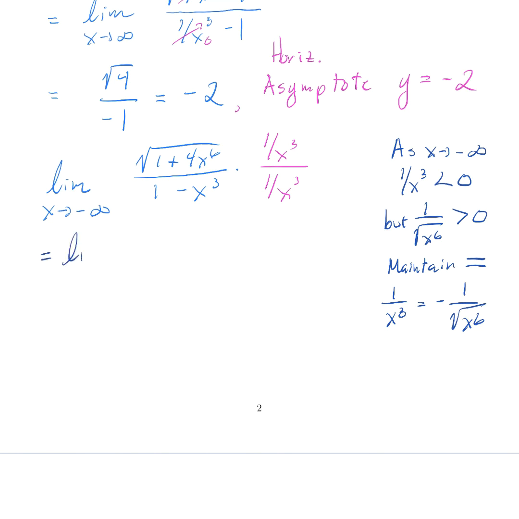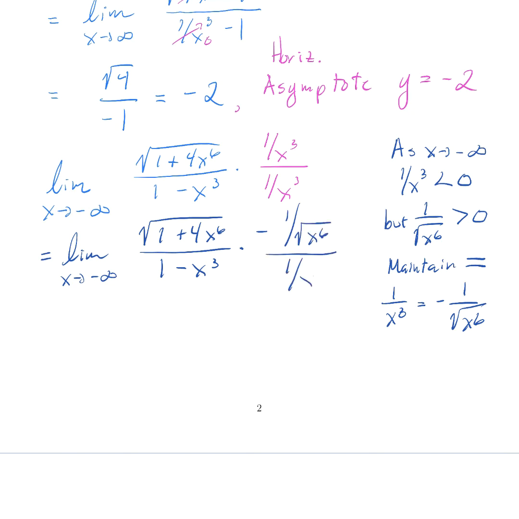So this is then the limit as x approaches negative infinity of the square root of 1 plus 4x to the sixth divided by 1 minus x cubed, times 1 in this form, negative 1 over the square root of x to the sixth divided by 1 over x cubed. Now both of those terms are negative, and so that thing is equal to 1.